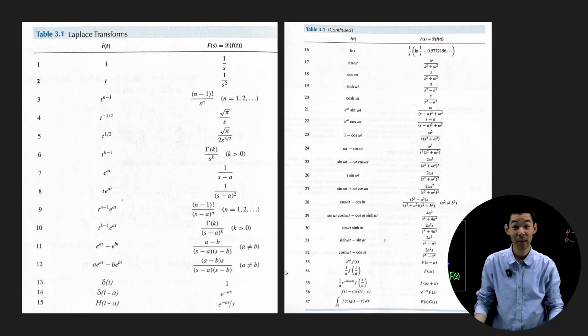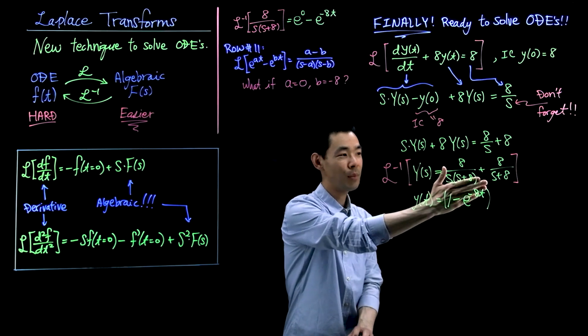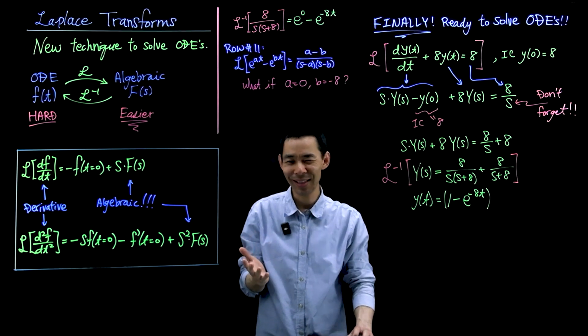Again, going back to the Laplace table. This one's a little bit easier because we saw that entry a little bit earlier. If you go to row number 7, you can see that this is a situation where we have a constant 1 divided by s minus a. So, of course, in this problem, the constant 8 can be taken outside, so that's no problem.